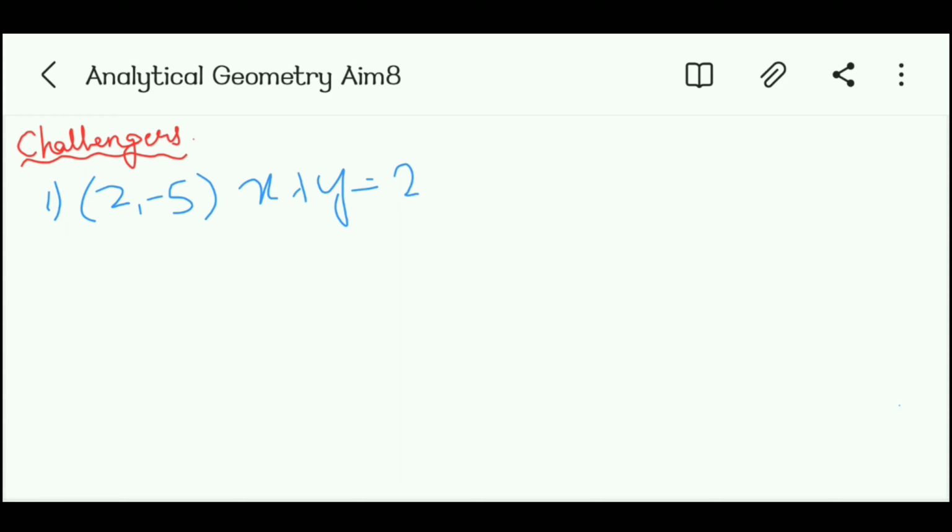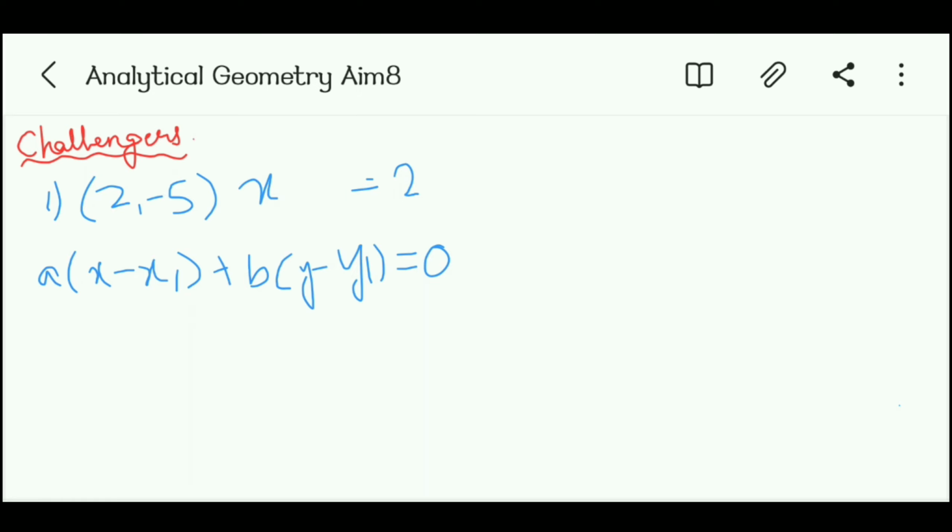So first, for that we have to frame one equation. Let's frame it now: a into x minus x1 plus b into y minus y1 is equal to 0. This is the formula for framing an equation for given data. Now here you have x plus y is equal to 2.